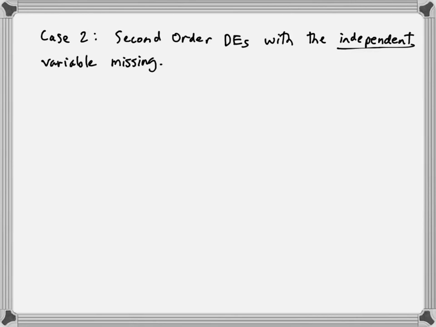Okay, so in other words, we've got something that looks like this. Second derivative of y with respect to x. Notice now there are no x's, okay? X is missing.